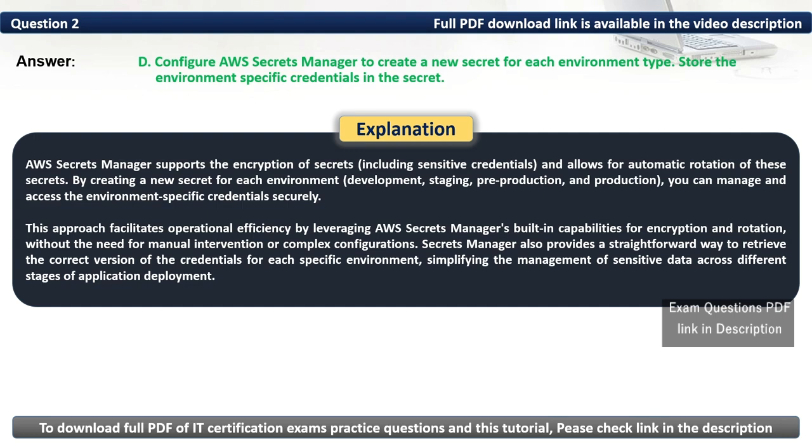Secrets Manager also provides a straightforward way to retrieve the correct version of the credentials for each specific environment, simplifying the management of sensitive data across different stages of application deployment.